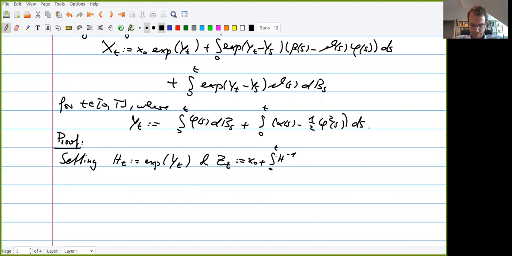So this is 1 over h_s, and theta, plus g of h inverse, 1 over h, dB_s. Right.